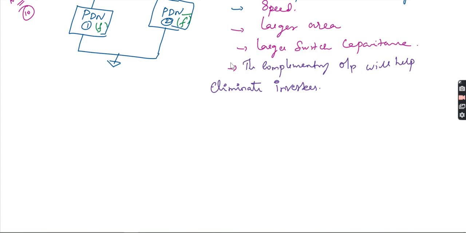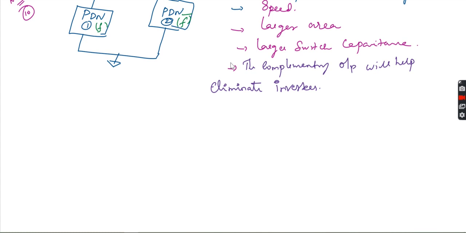Because if I implement an AND gate in CMOS logic, first you need to implement a NAND gate, then add one inverter to get AND, right? Here we are straight away eliminating the inverter.